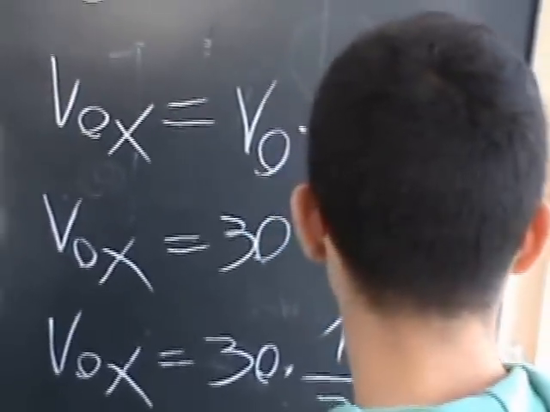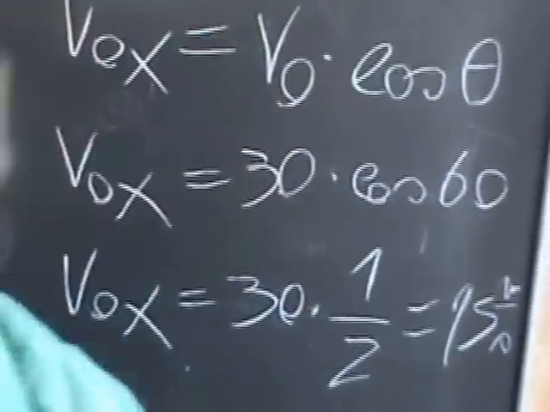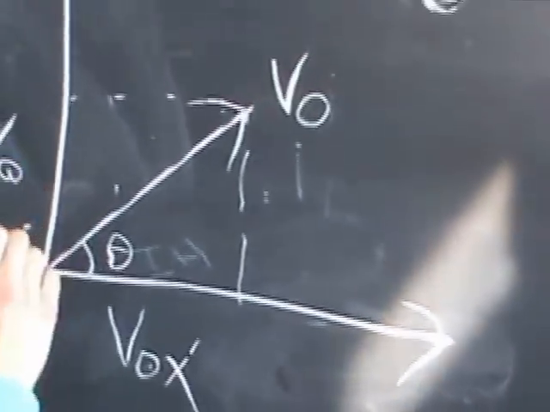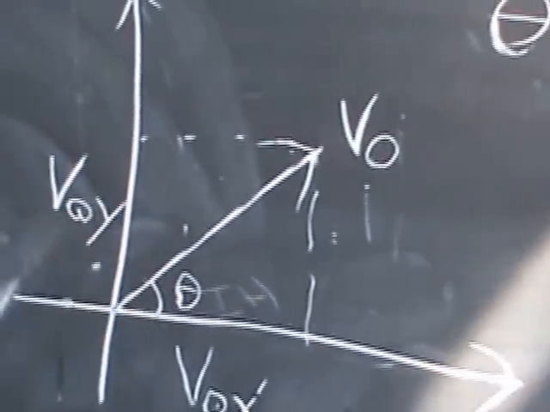meters per second. We are now going to find the other component, v sub 0 sub y.